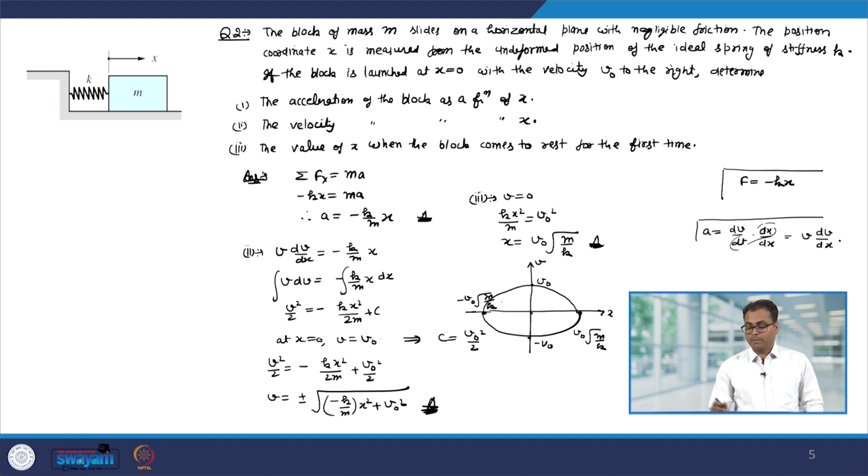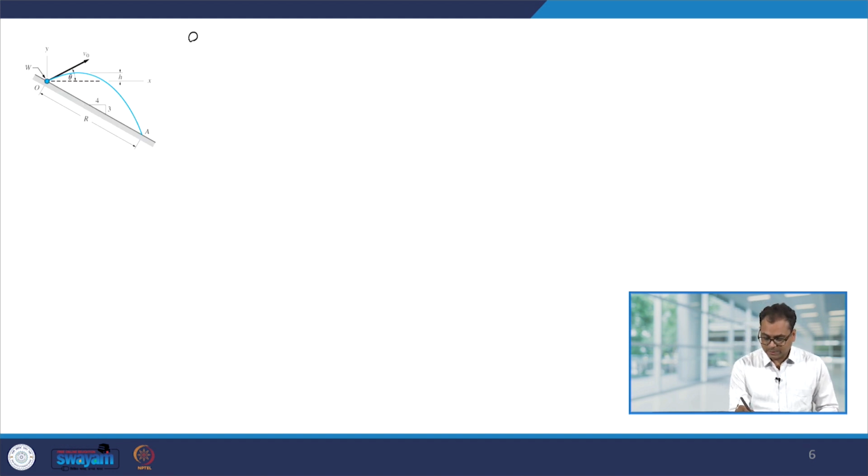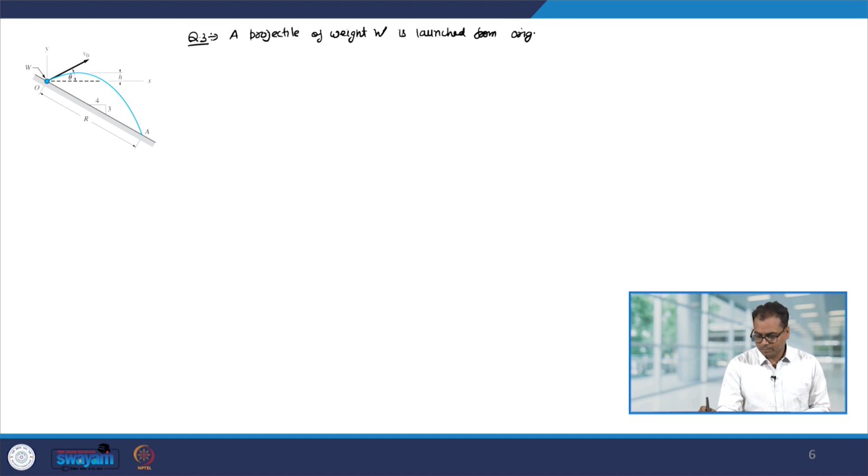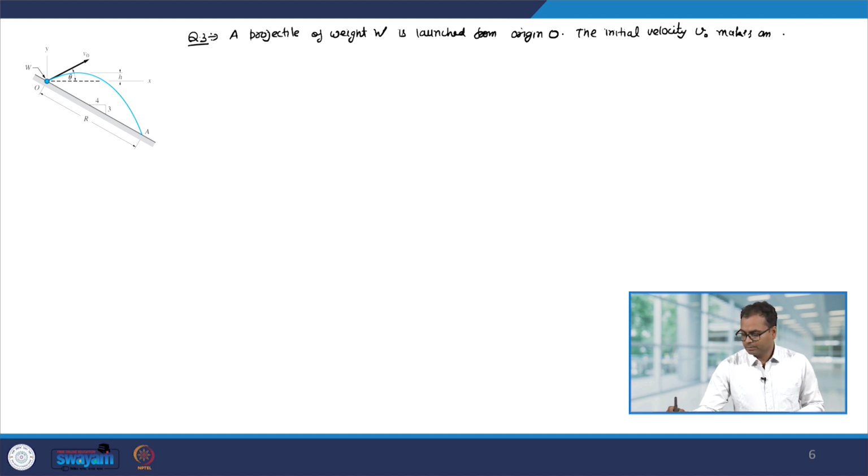Now, let us look at another problem based on projectile motion. The question statement is following: a projectile of weight W is launched from origin O. The initial velocity v naught makes an angle theta with the horizontal.